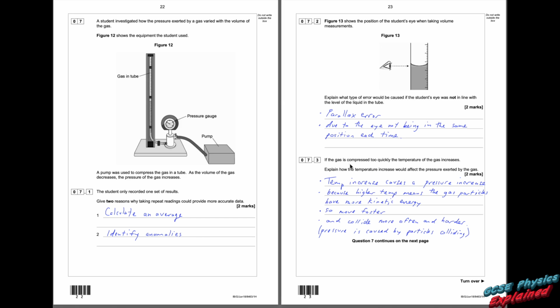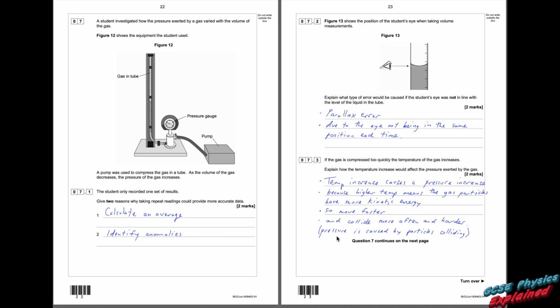Part 3. If the gas is compressed too quickly, the temperature of the gas increases. Explain how the temperature increase would affect the pressure exerted by the gas. Right, well, if there's a temperature increase, that'll cause a pressure increase, because higher temperature means the gas particles have more kinetic energy, so they move faster, and that means they'll collide more often and harder.